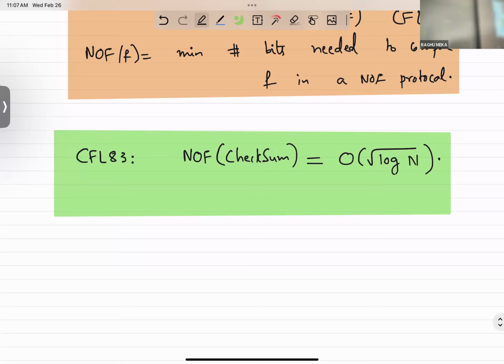Without number on forehead, the complexity was log n, so you're getting quadratic savings. Does it make sense? You go from log n to square root log n.